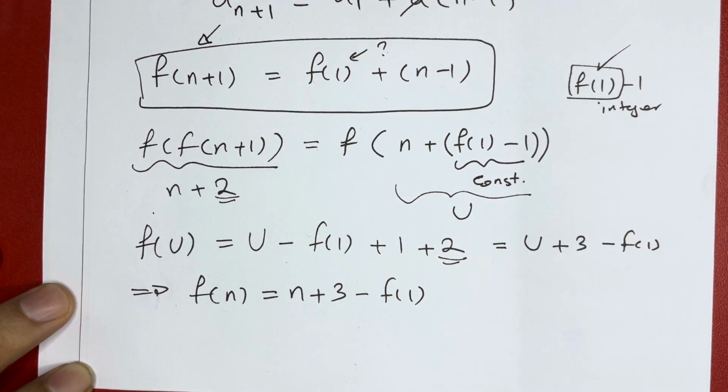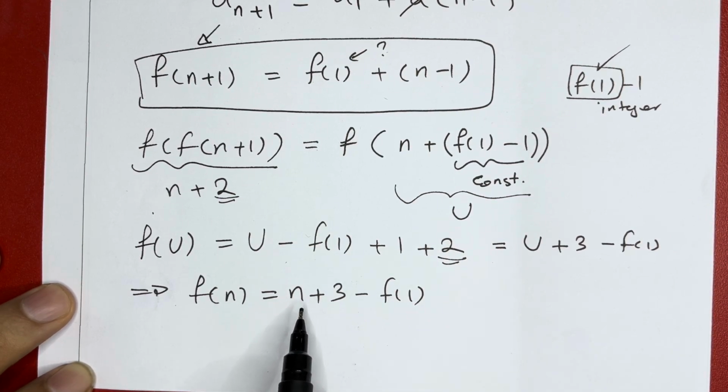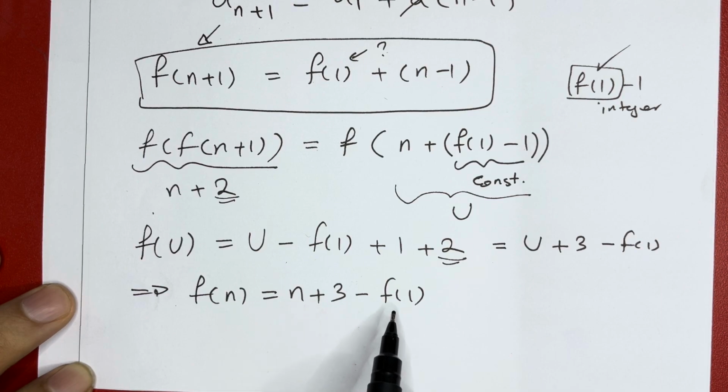Okay, good. Now look at this one: f of n is n plus 3 minus f of 1.